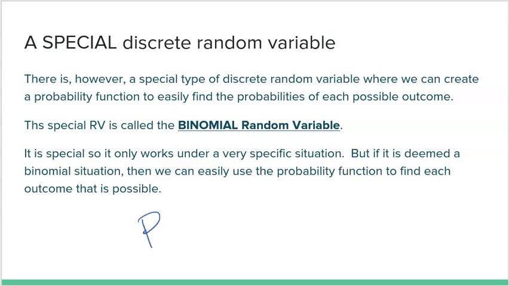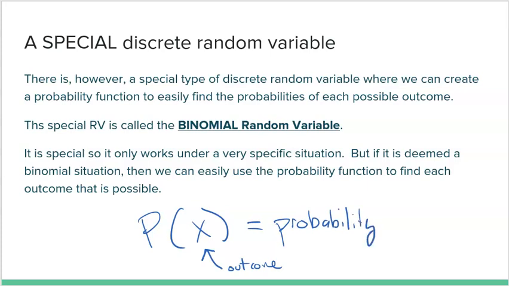So imagine a probability function where you plug in the outcome you are looking for, and it gives you out the probability. Now, I'm not going to lie, we still need some probability skills to figure this out, but how nice is it that if we could just know the outcomes, plug the outcome in, and get the probability? That'll be pretty nice. Well, that is possible only under this brand new, very special binomial random variable.